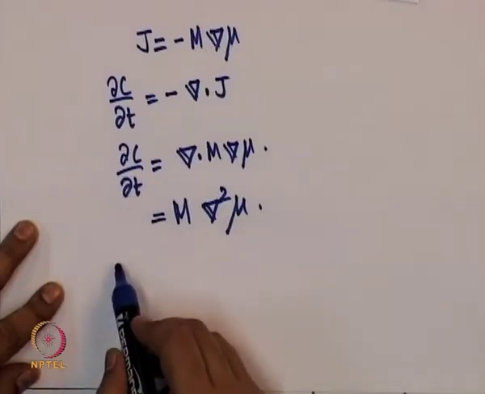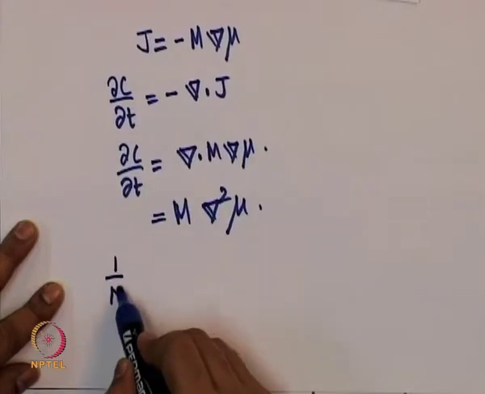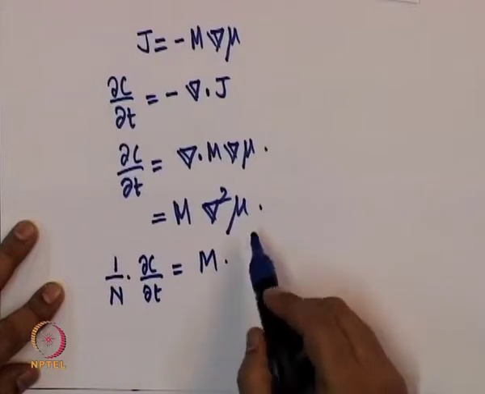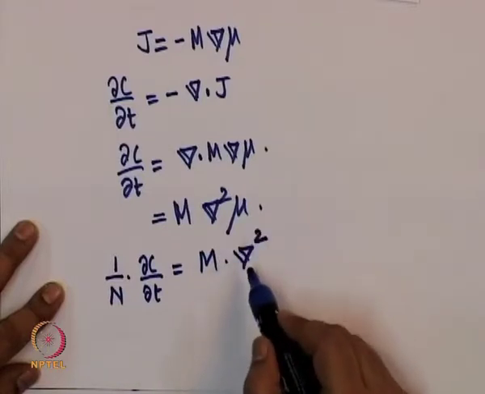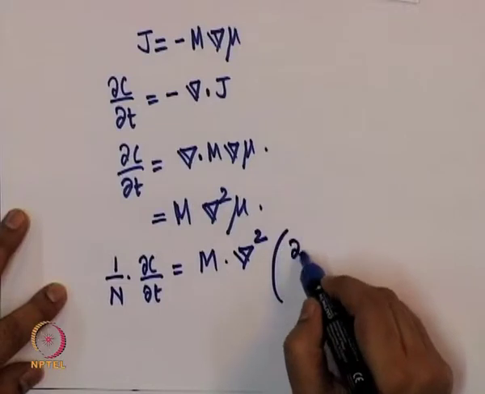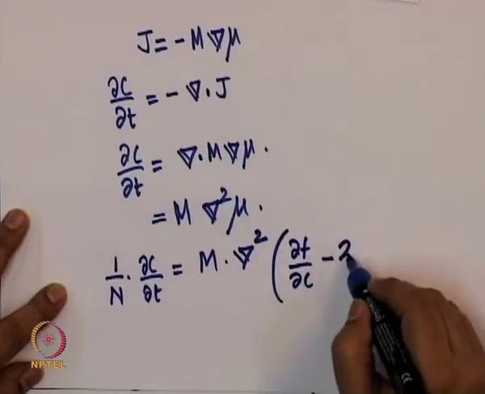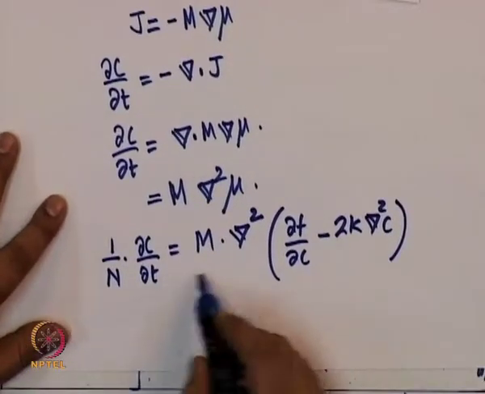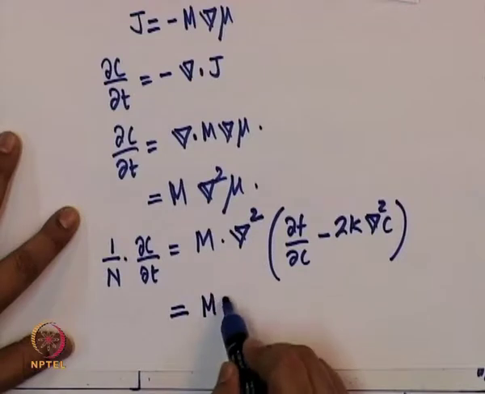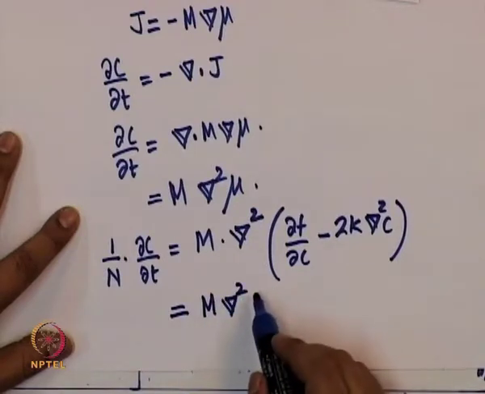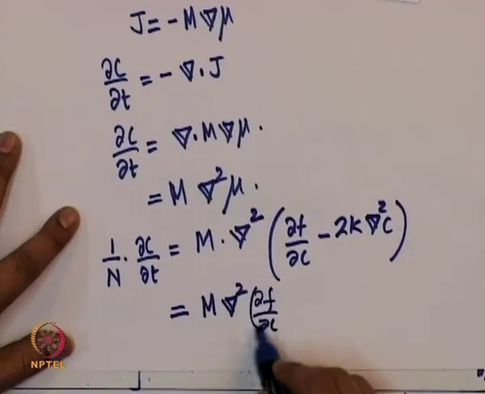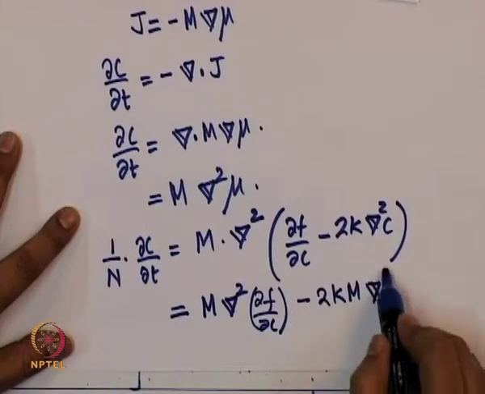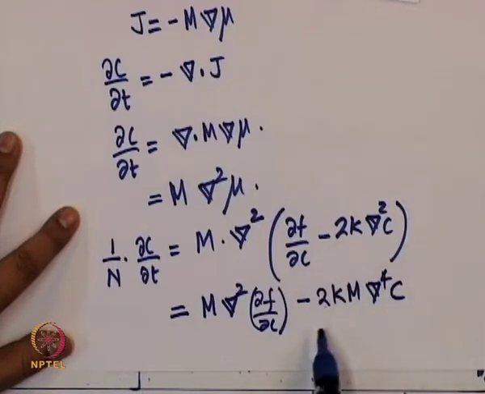So, we will have 1 by n dou c by dou t is equal to m del squared acting on dou f by dou c minus 2 kappa del squared c, and so you can write it as m del squared dou f by dou c minus 2 kappa m del power 4 c, assuming that kappa again is a constant.